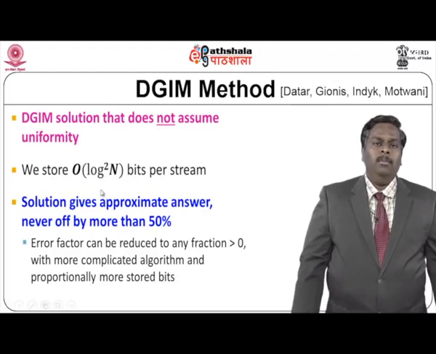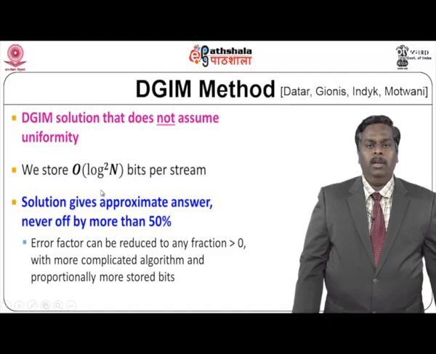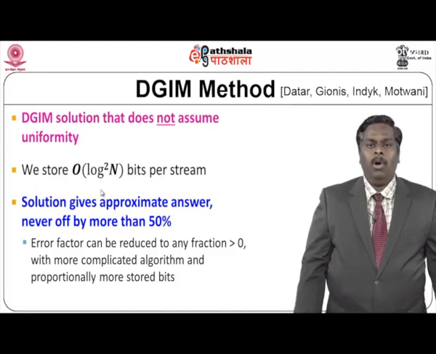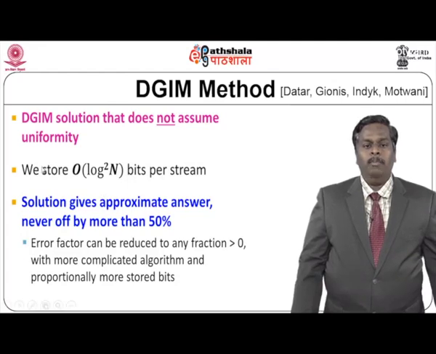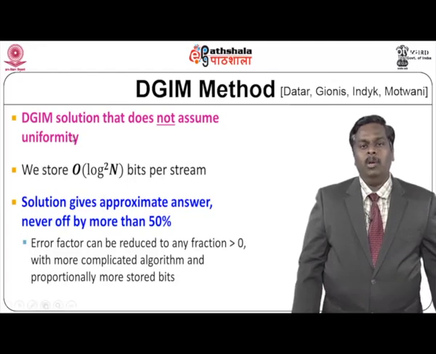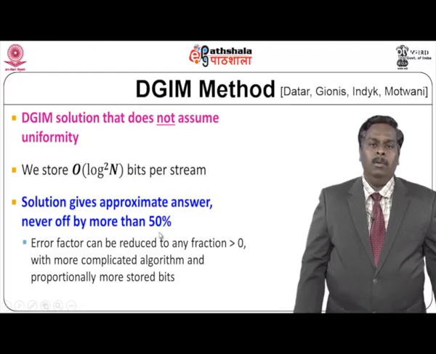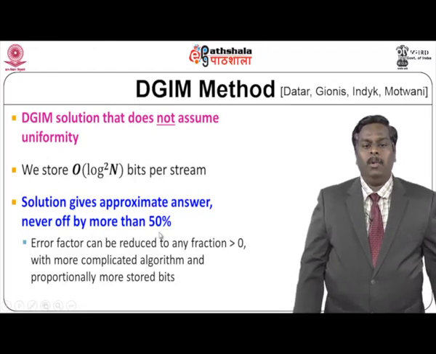But one important factor which we need to analyze here is the percentage of error, because I already told you such methods will only provide an approximation of the counts. So, we will have to look at what percentage of error may come into picture, and this methodology proves that it reduces the error to less than 50%.